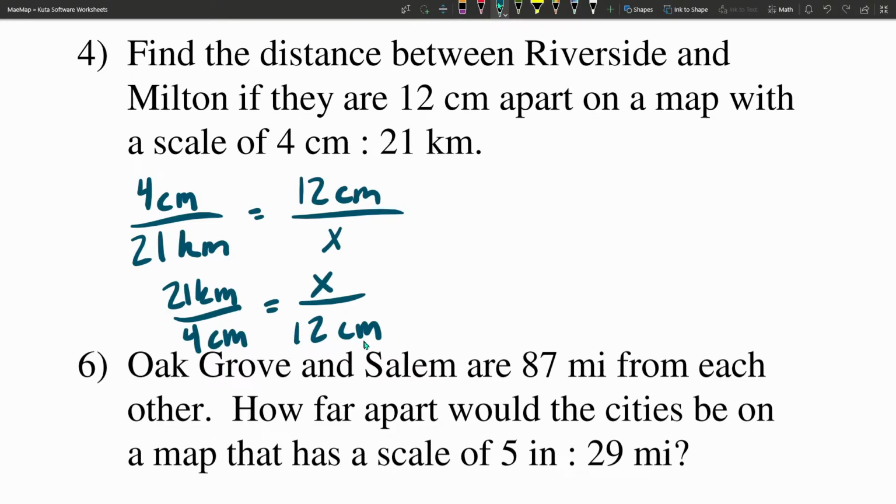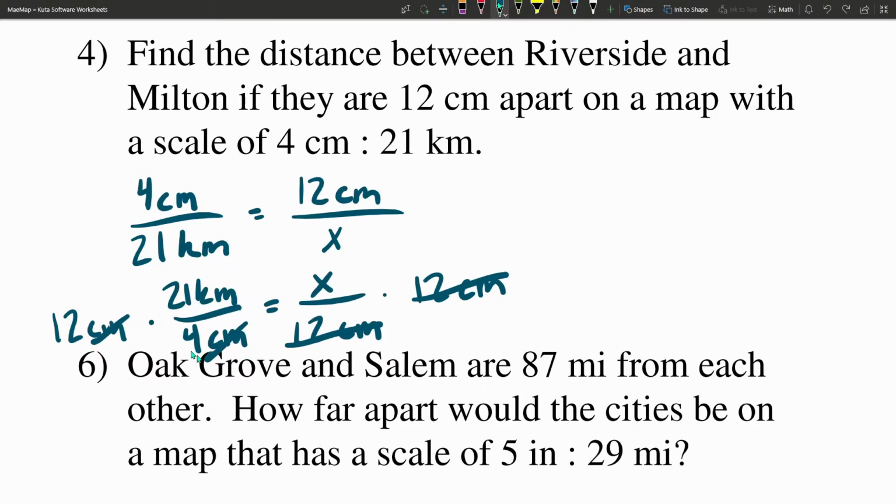So we're going to write 21 kilometers over 4 centimeters is equal to our unknown x over 12 centimeters. So you can see that my centimeters are now in my denominator, whereas my kilometers are going to be in my numerator. One-step equation, multiply both sides by 12 centimeters. Notice 12 centimeters cancels out on my right-hand side, and centimeters will cancel out on my left-hand side, so I'm going to be left with kilometers.